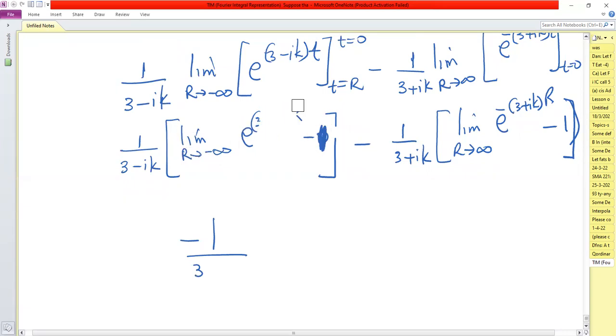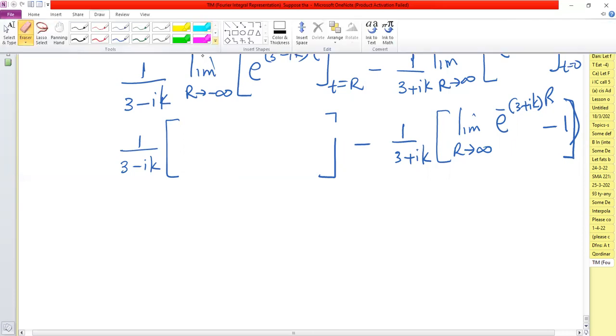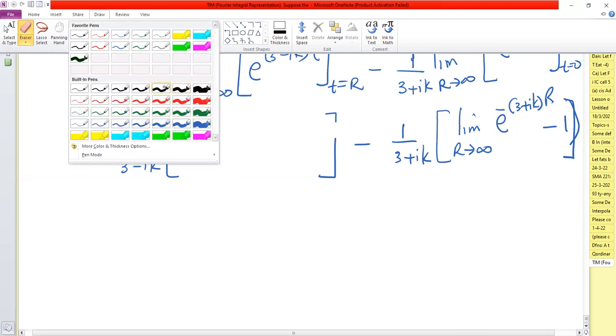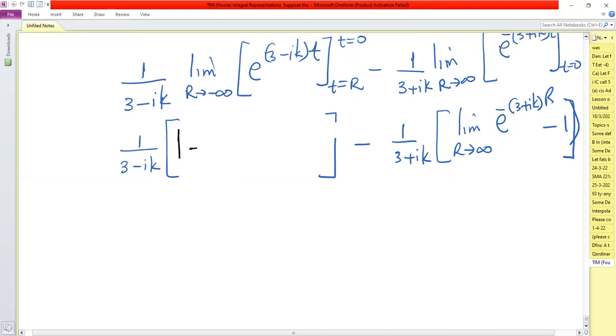So for this other one here, t equal to 0 will give us 1. And then first we have 1 minus the limit as r approaches negative infinity of e raised to the power 3 minus ik r.